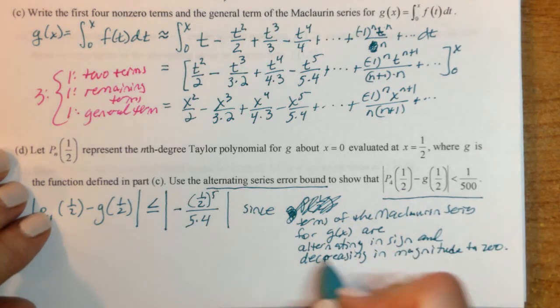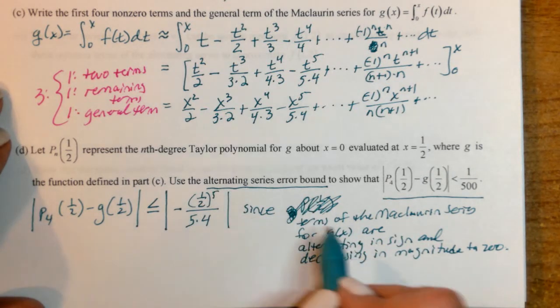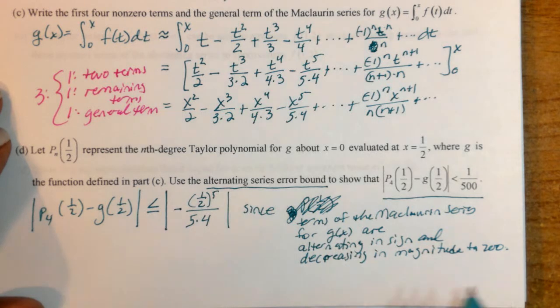Remember that was our phrase that we used whenever we were using the alternating series error bound. The terms are alternating in sign and decreasing in magnitude to 0.